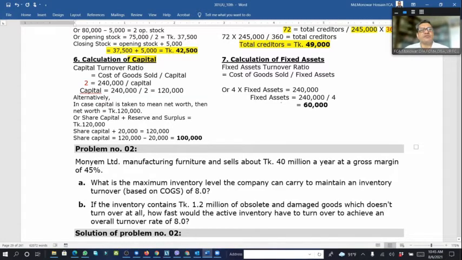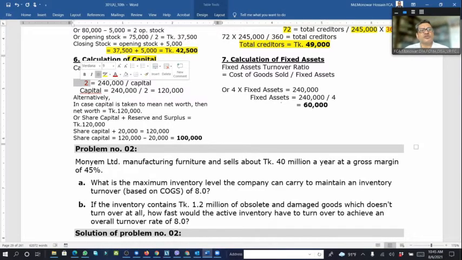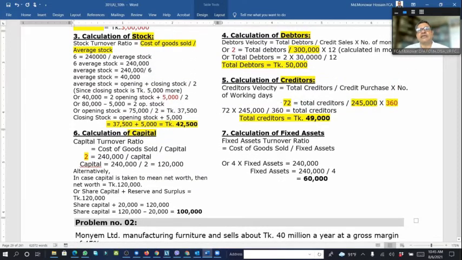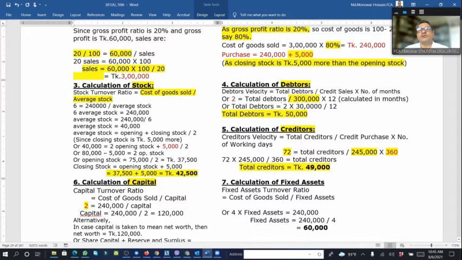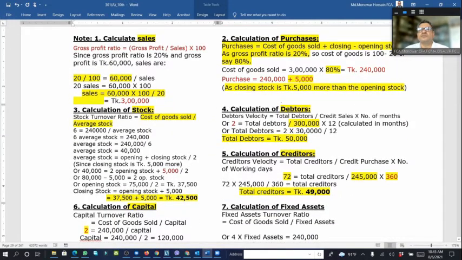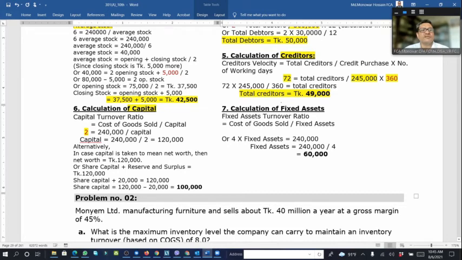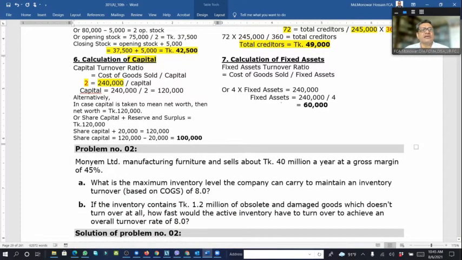So capital turnover ratio as mentioned in the question is 2. If we place it here, equals cost of goods sold, which we calculated here, cost of goods sold 2,40,000, divided by capital, and then we can find out the capital.